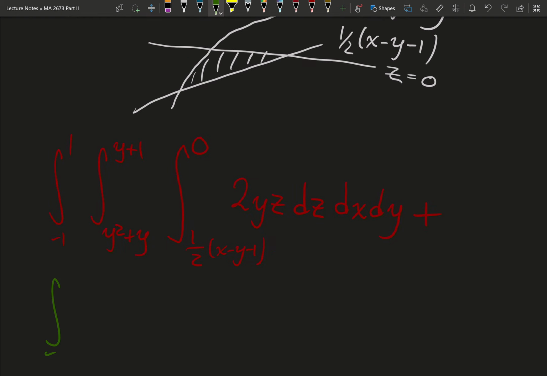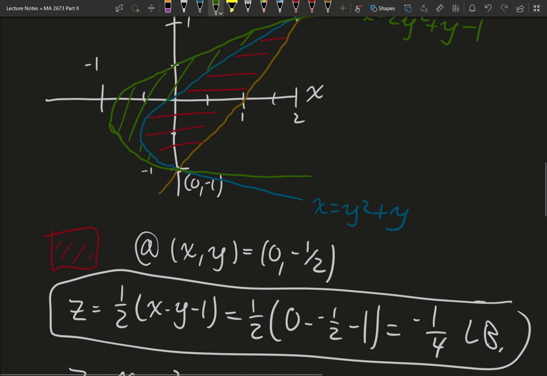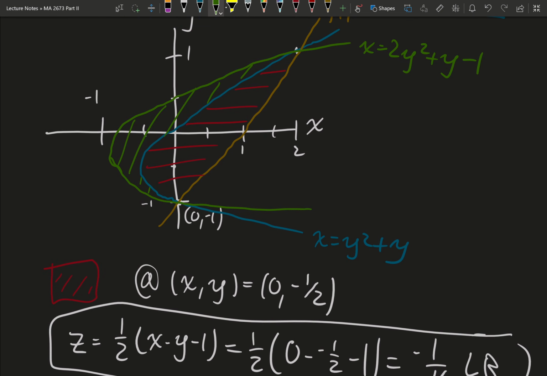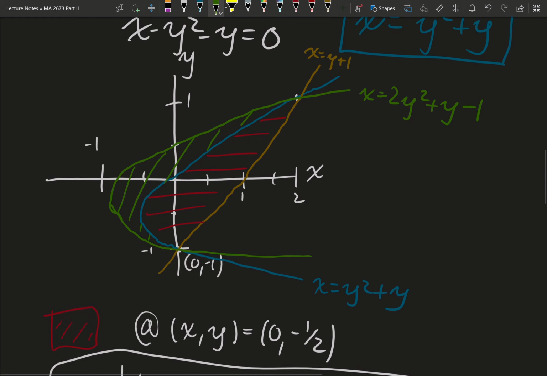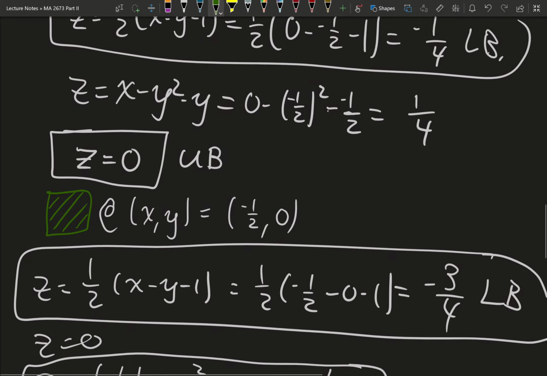We then add to that. Now this integral is going over our green region. So the lower bound for x there is going to be 2y squared plus y minus 1, and our upper bound is going to be y squared plus y.